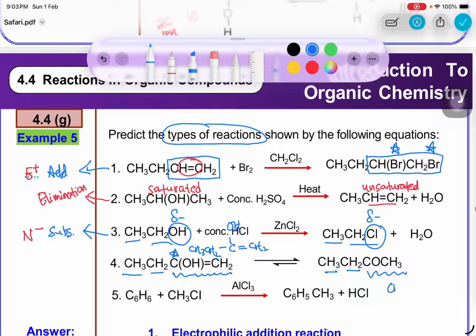For this one it will be CH3, CH2, C double bond O, CH3. So we can see both double bonds still remain. We can consider that the oxygen just rearranges, going from bonded to H to bonded to C only. So this one we call rearrangement.